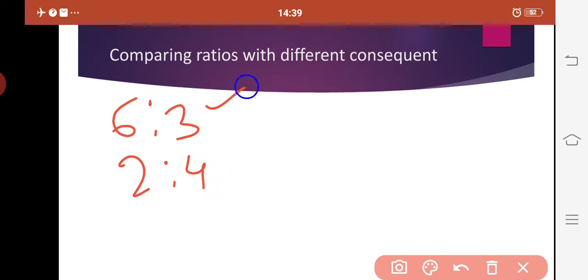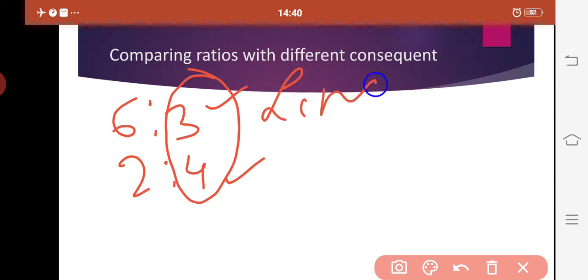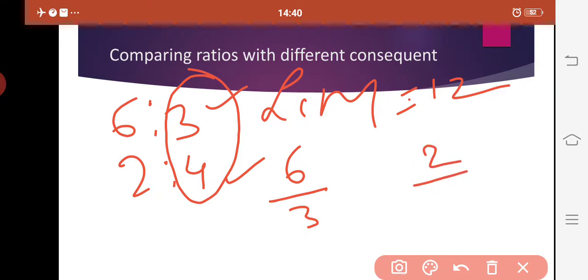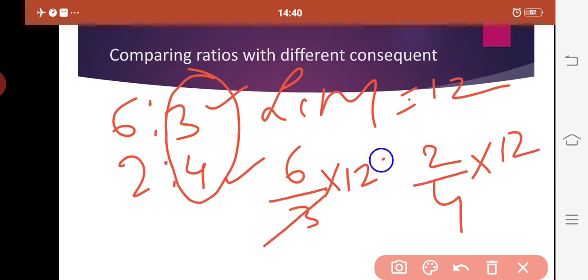Now since the consequent is different, we have to take their LCM, and we know that LCM of 3 and 4 will be 12. Now we have one ratio as 6 ratio 3, ratio can be written as upon, and the other one is 2 ratio 4. Now we have to multiply this LCM with both the ratios. Is that clear? Now see, 3 fours are 12, 4 threes are 12.